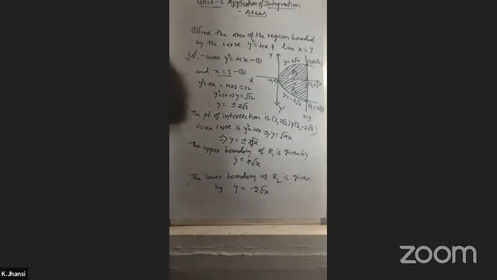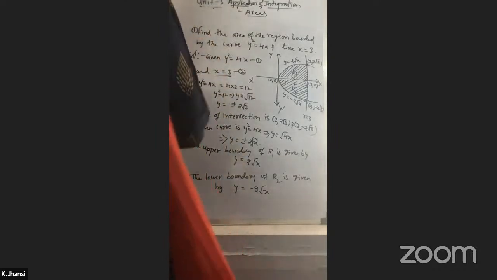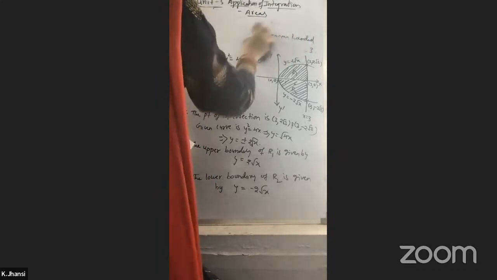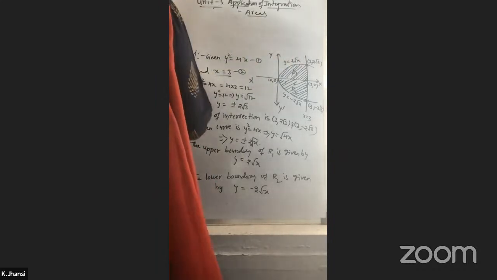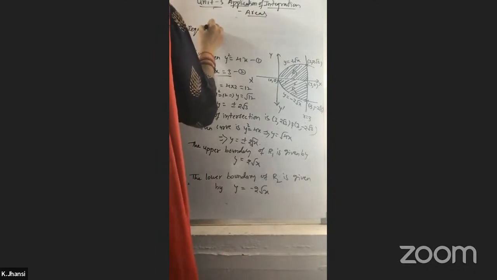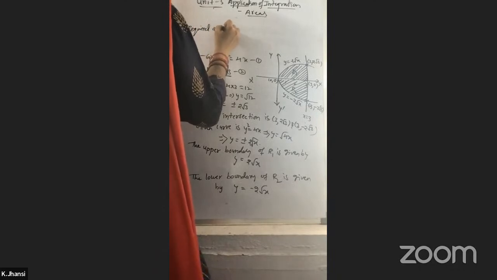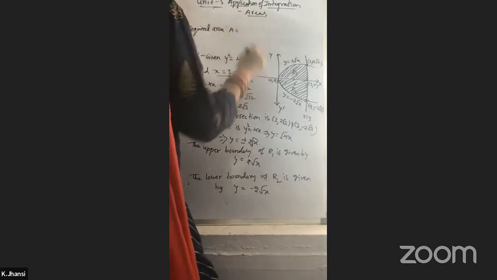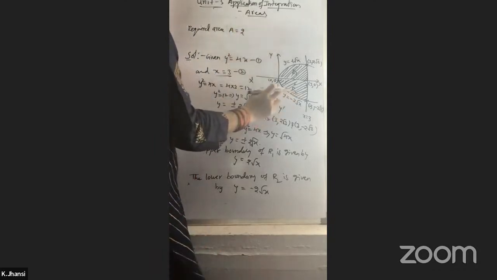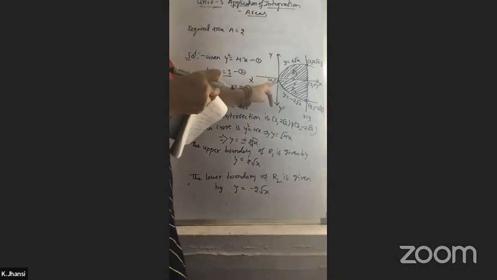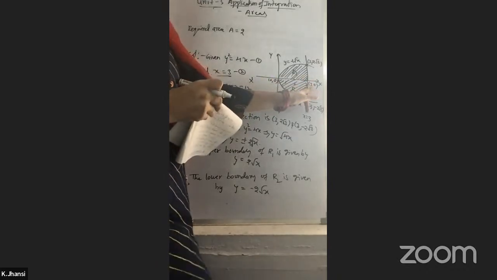Required area A equals 2 into. So here we have from origin to 3. 0, 0 to 3, this is the point.